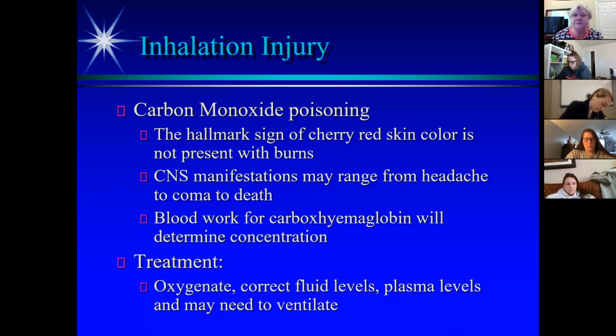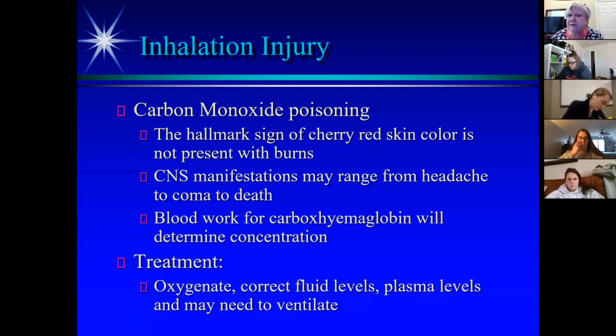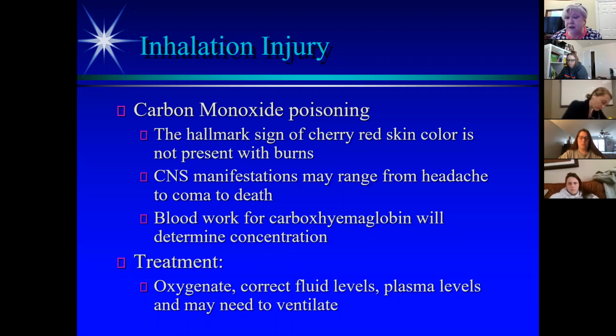And so headaches and CNS manifestations are very, very important and first signs of carbon monoxide poisoning. Okay, so how do we treat carbon monoxide? We give you high flow oxygen. We put 100% O2 on you. So now you have no carbon monoxide coming in, and it starts to pop that carbon monoxide off those hemoglobins and replaces it with oxygen. If your level's really, really high and you're unresponsive, we might have to intubate you and give you 100% under ventilation.